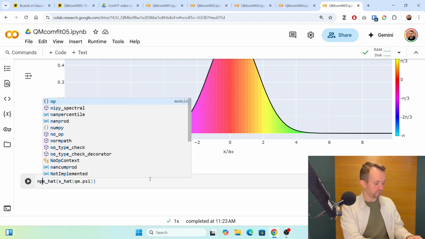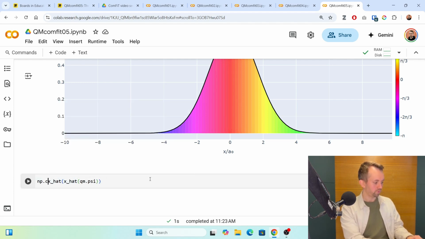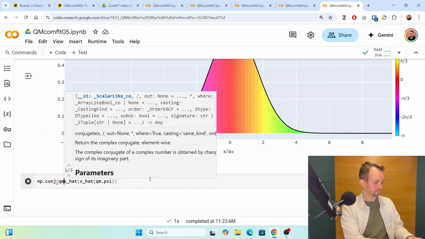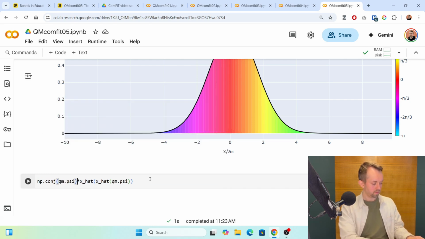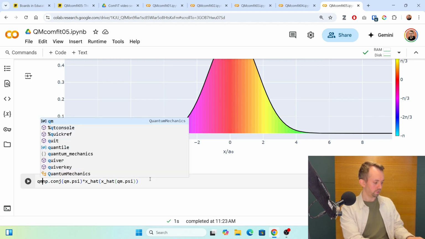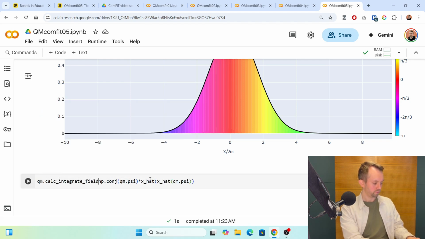And then I need to multiply with the complex conjugate of psi, and then integrate this whole thing.